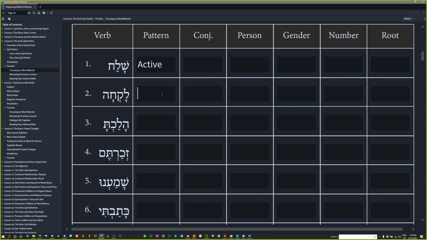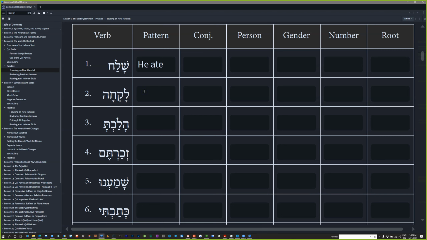It's active and it is completed action. The best way to translate active completed action in English is usually the past tense. So we can use the simple past tense like he ate, or what we call the perfect tense, he has eaten.